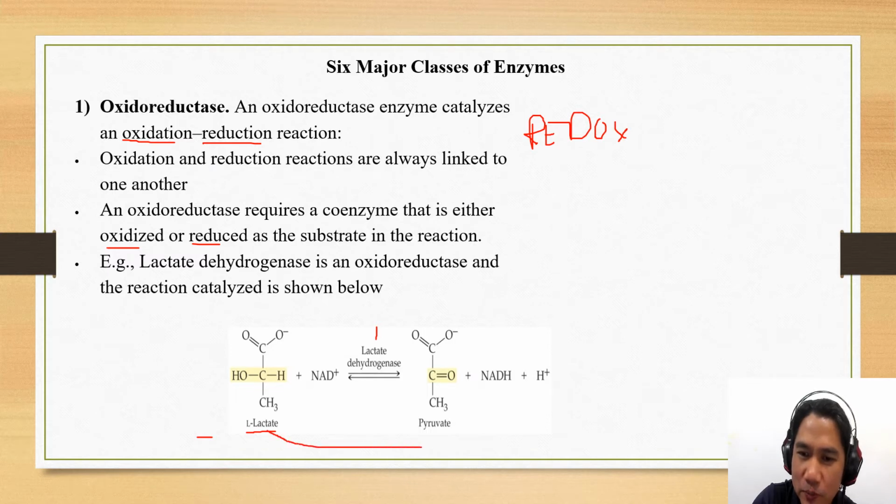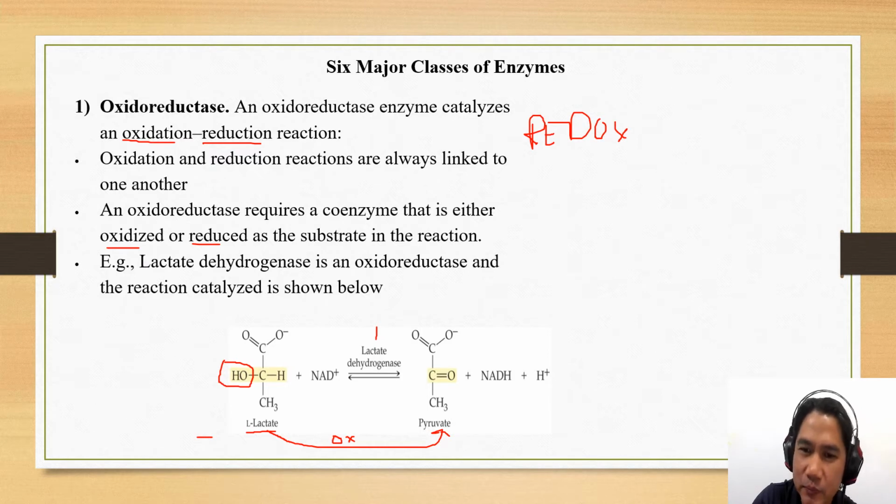So lactate to pyruvate, this is an oxidation. How do we know that this process is oxidation? Take note that you have here a secondary alcohol.